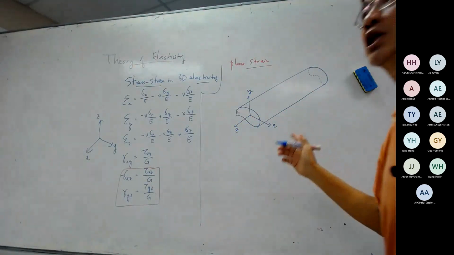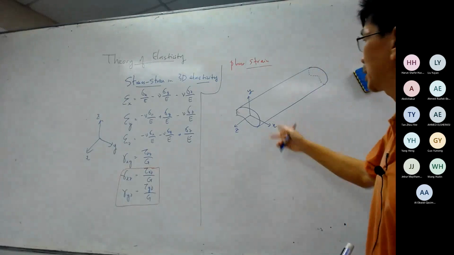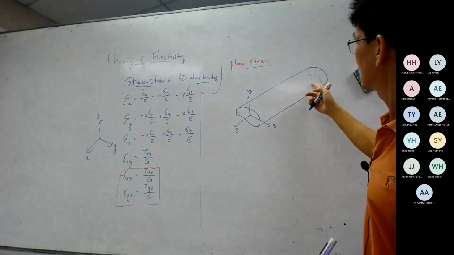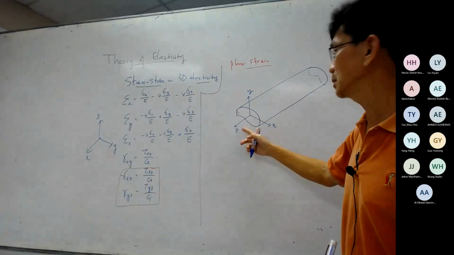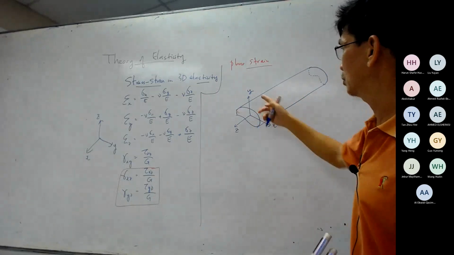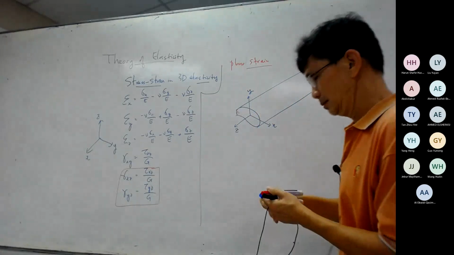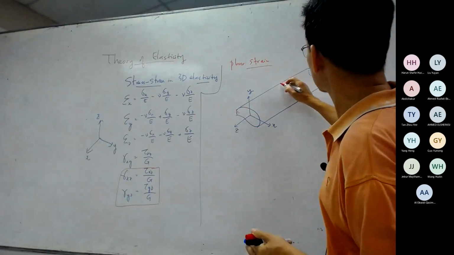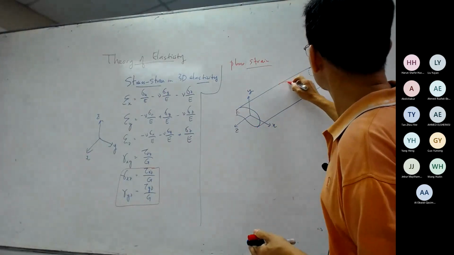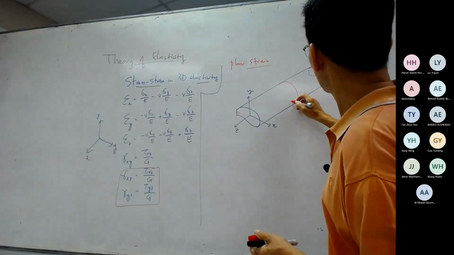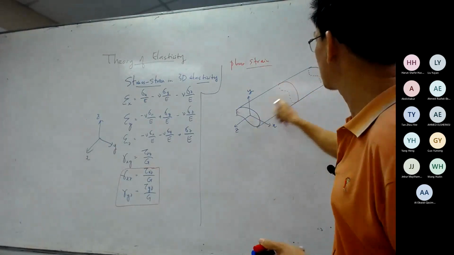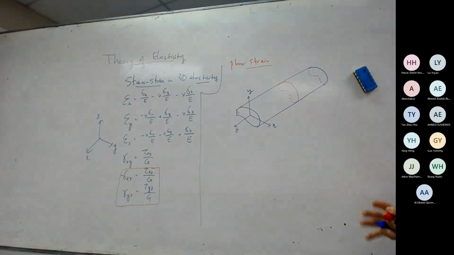So we are going to have x, y, and z. And one of the dimensions is very long compared with the other two. Furthermore, if you take any section out here, they are all the same. All this section never changes.